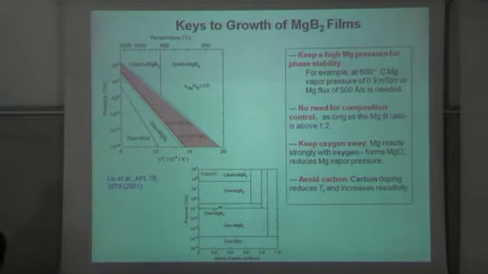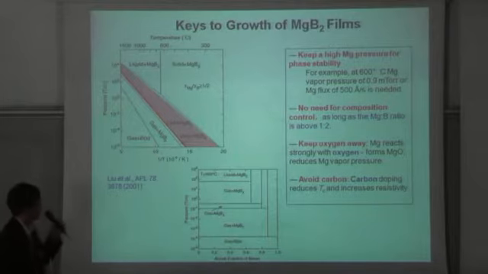So during the deposition, you have to make sure you provide enough magnesium. Whether magnesium is too much or not does not matter, because the extra magnesium is in the gas phase, and you just pump it away.